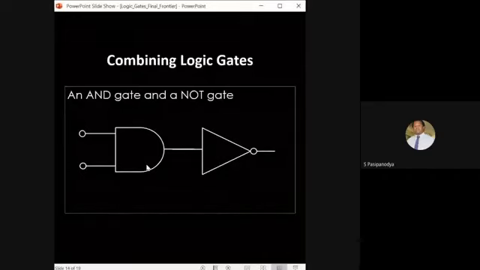When we did our research in the morning and looked at combining logical gates, what did we find out?